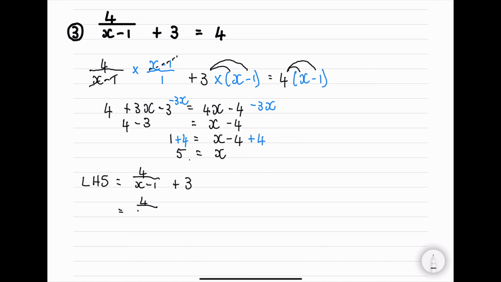This is 4 over 5 minus 1 plus 3. 5 minus 1 is 4, plus 3, which is the same as saying 1 plus 3, because 4 divided by 4 is 1. So your left-hand side is 4, which is equal to your right-hand side. So now you know your calculation is correct.